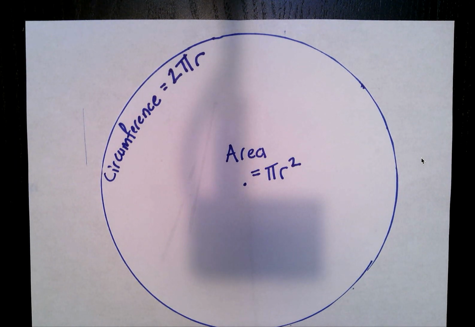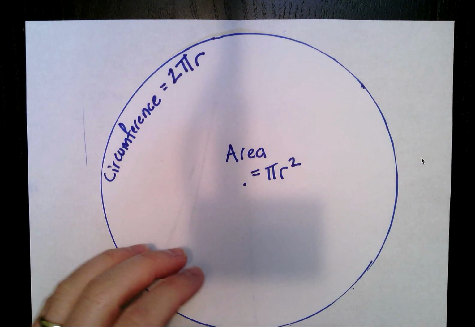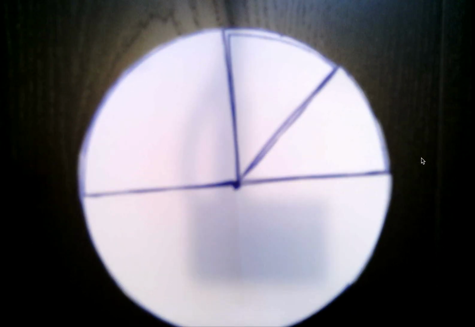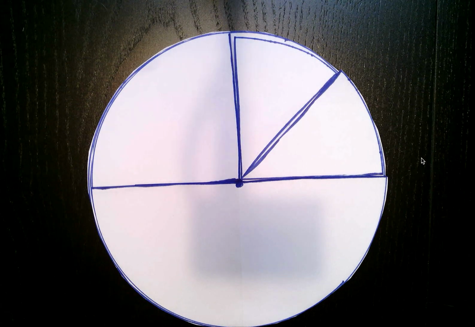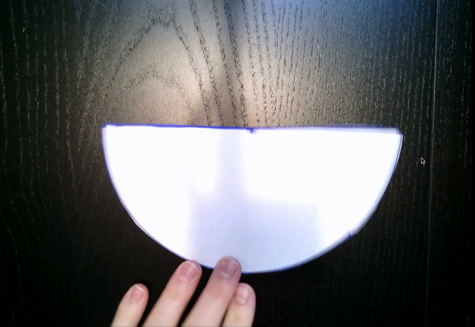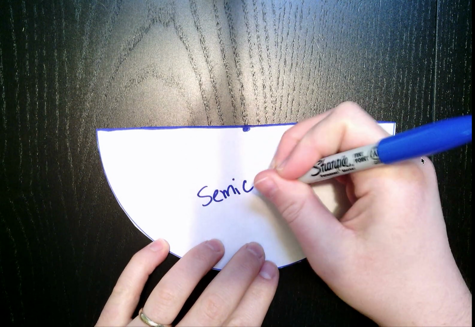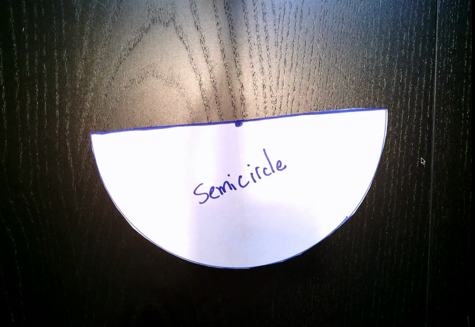But we started talking about, well, we don't always have circles. Sometimes we have pieces of circles, right? So here is a circle that I divided into some common pieces. Some of this is easy, right? If I have this half a circle, which sometimes we call a semicircle, that's easy to find.